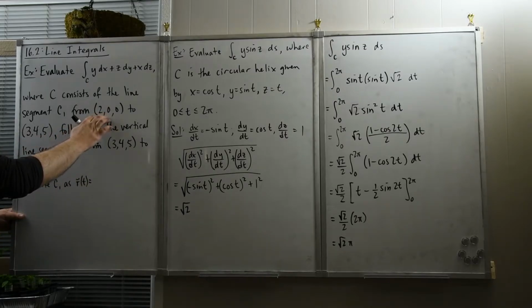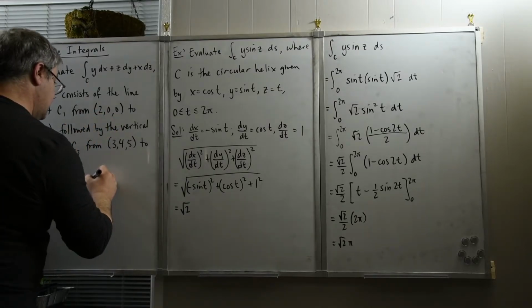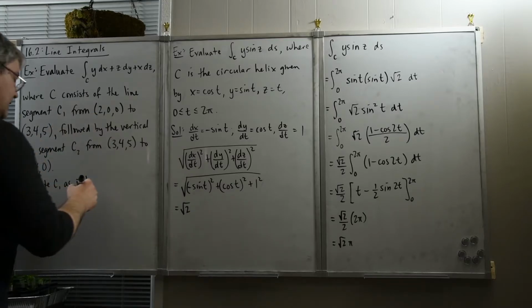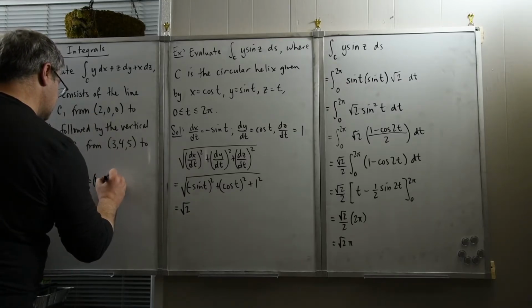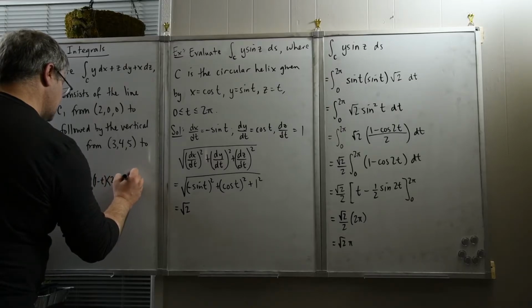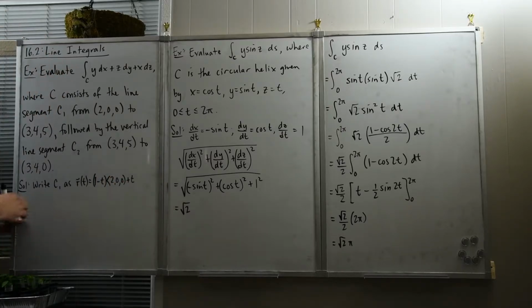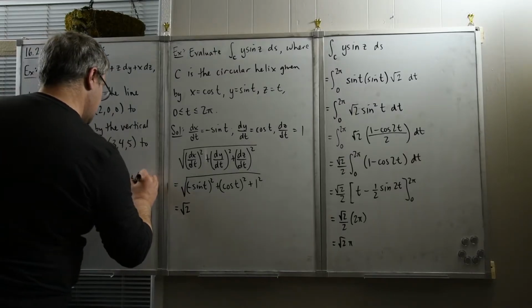So think of your R sub 0 as a vector with components 2, 0, and 0. Now that's going to get multiplied by 1 minus t. And then we'll have plus t times the vector with components 3, 4, and 5.